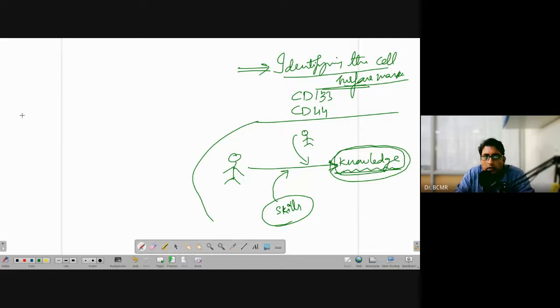The second one is how to kill the cell or the cancer stem cell. We will have a lesson on it, on the different strategies that are there.